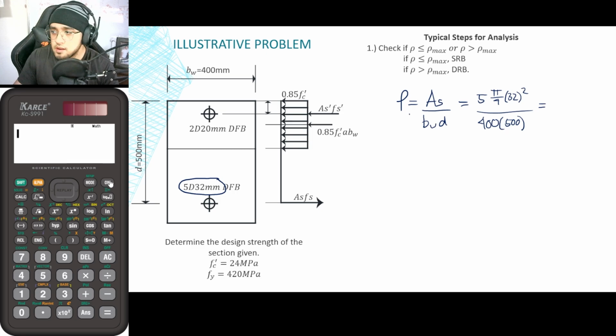So let me just turn this on. This is now once again equal to 5 times pi over 4 times 32 squared divided by 400 times 500.